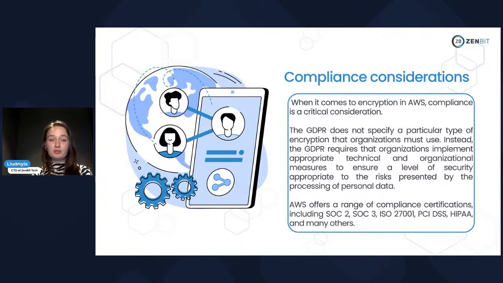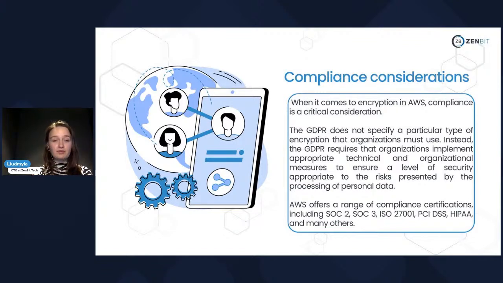I will give you some examples. First is the Payment Card Industry Data Security Standard, which requires that card information be encrypted in transit and at rest. Similarly for HIPAA compliance, which is for healthcare in the US, it also says that data should be encrypted in transit and at rest.